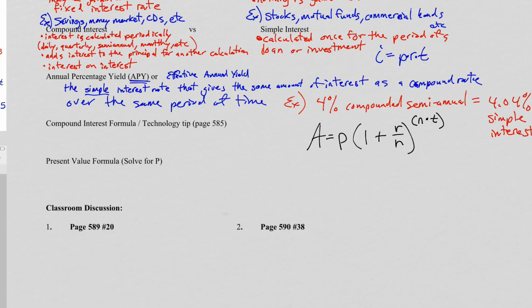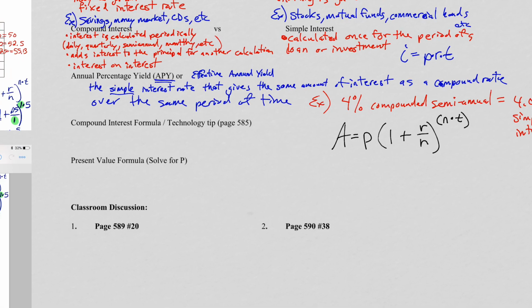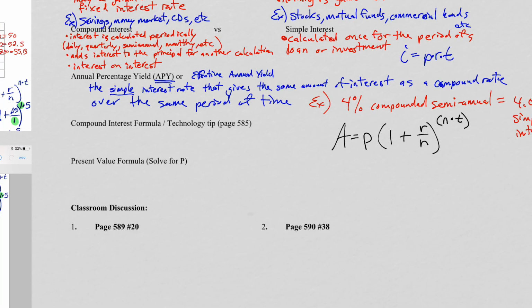Okay, so what this is saying is A equals P times the quantity 1 plus R over N, raised to the N times T power. So what do all these letters mean? Well, first of all, A is the amount that accumulates.